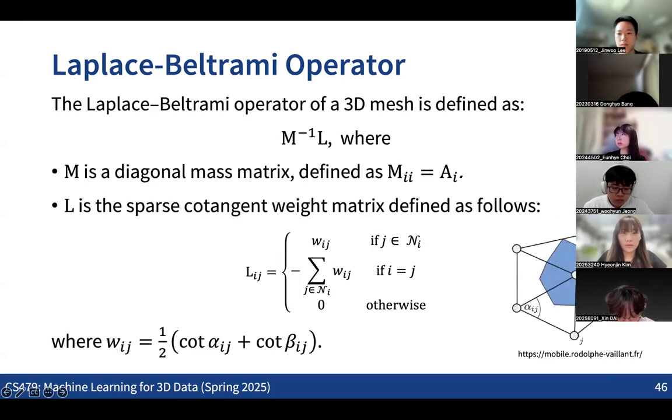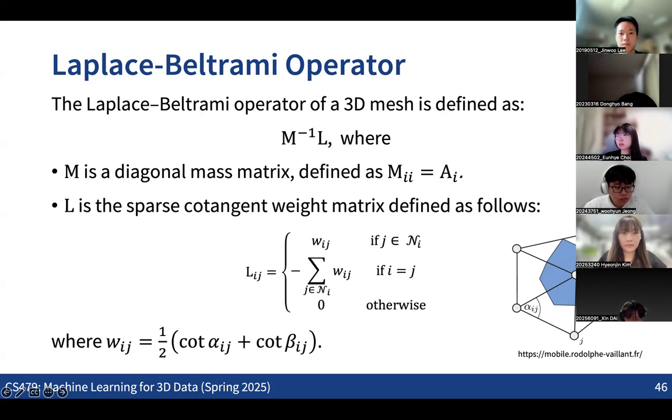While skipping the details of exactly how to calculate this Laplacian operator over the 3D mesh, if we just look at the result, the Laplace-Beltrami operator over the 3D mesh is defined as this matrix multiplication. Here, M is a diagonal matrix defined with the area of each vertex.